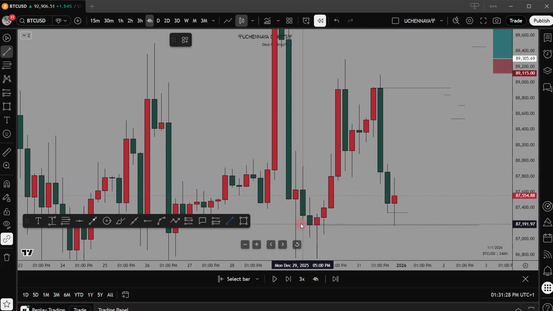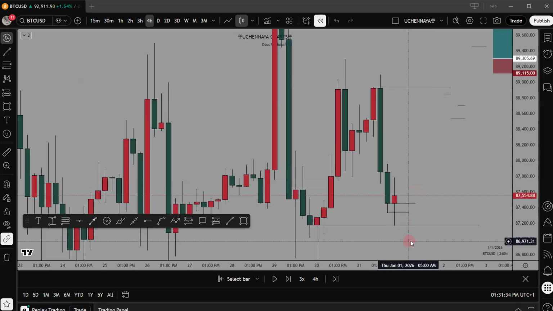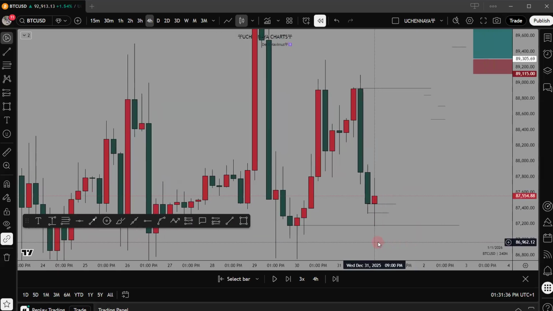There is no breakout yet. This entry is in anticipation of the breakout. It is very risky. This is daily reject daily H4 support.